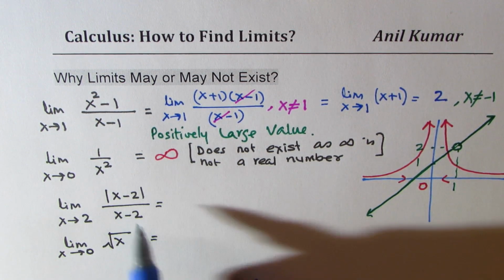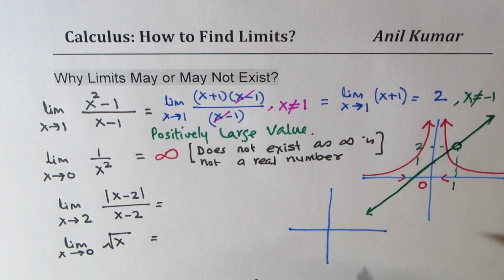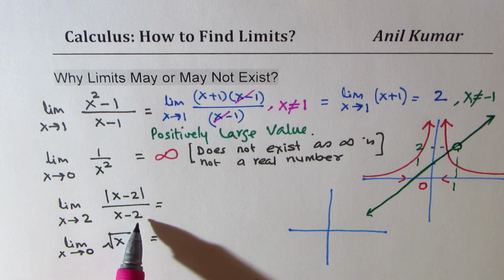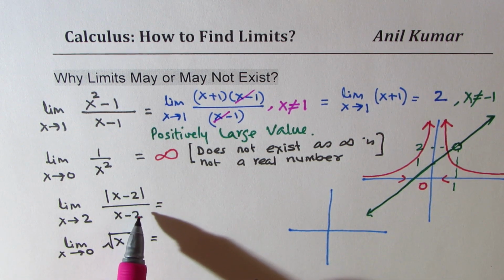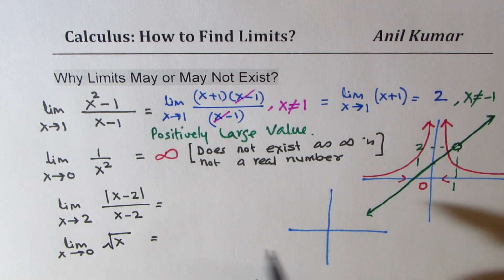Let me sketch a graph for the absolute function. At x equals 2, if I substitute the value, I get 0 in the denominator. So what you notice here is that this is indeterminate, 0 over 0.